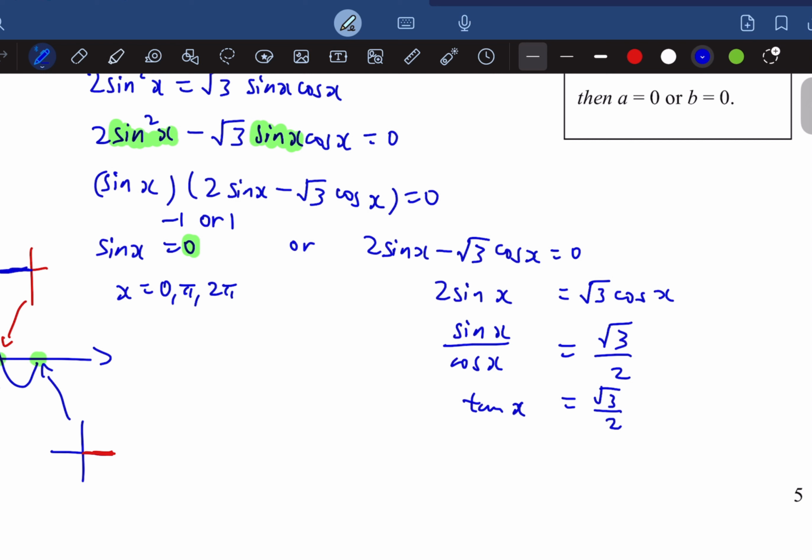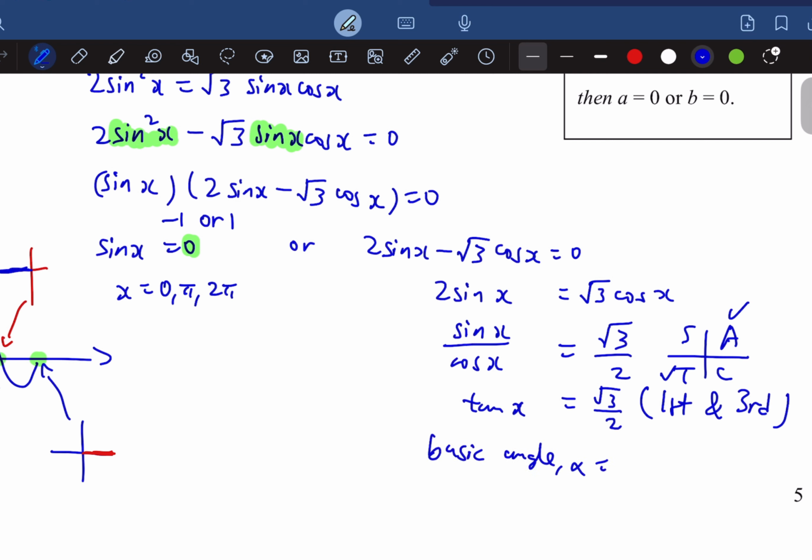So tangent x is positive. Positive will be first and third quadrant, ASTC. So first and third equals positive. Then from here, we find the basic angle. Basic angle alpha will be equals to tangent inverse square root 3 over 2.